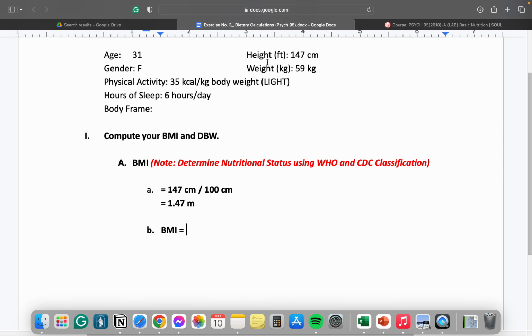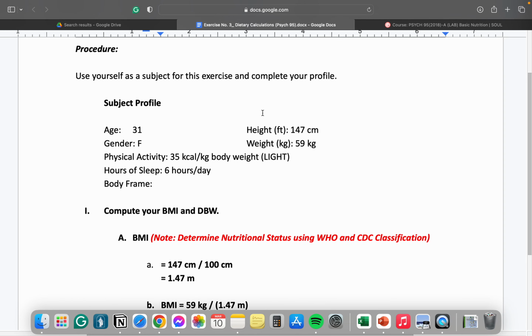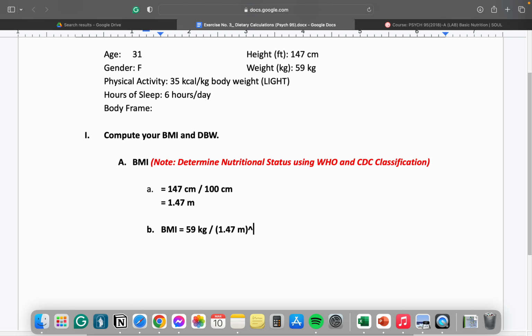So our weight is 59 kilograms divided by height in meters squared. Therefore, that's 1.47 m squared.